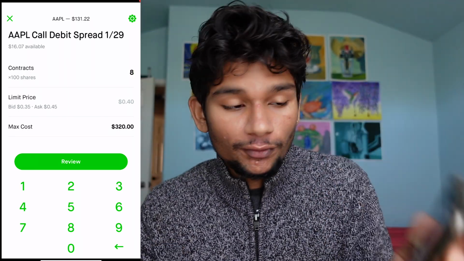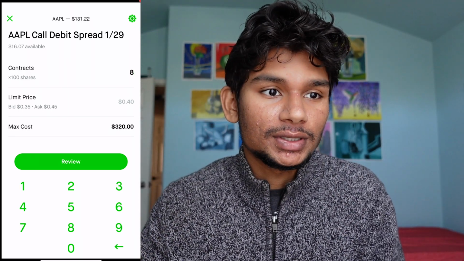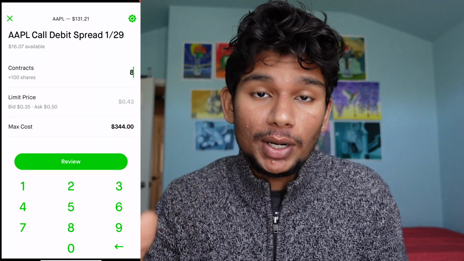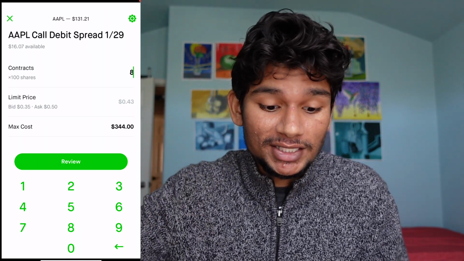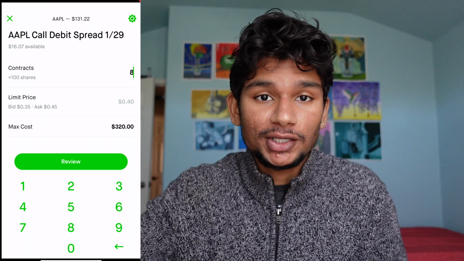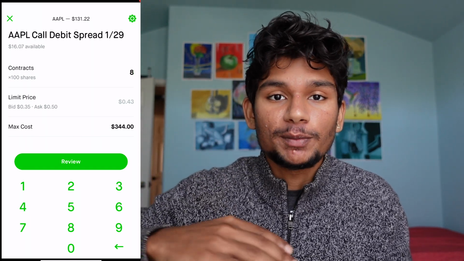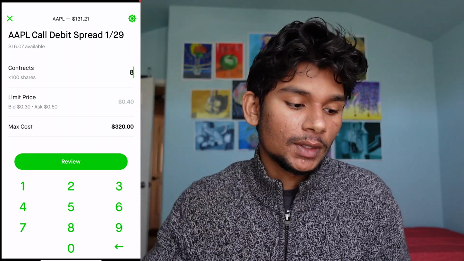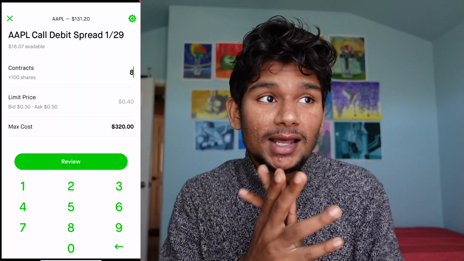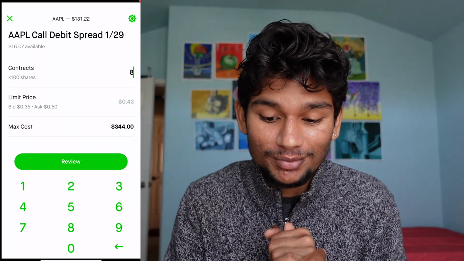Now I know $480 and $700 is a big difference, but the chances of this spread actually going through is way higher than if you have that disparity between 132 and 142. That's something I had to learn the hard way, because I lost a lot of money doing that.